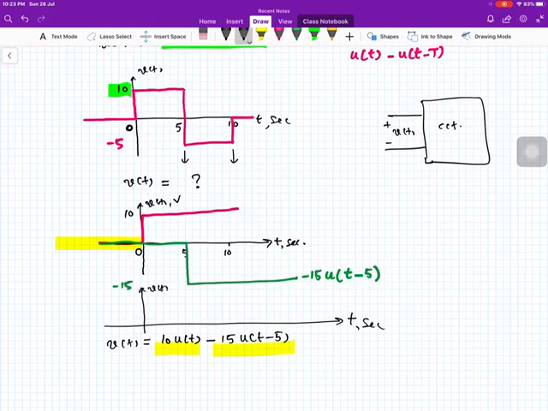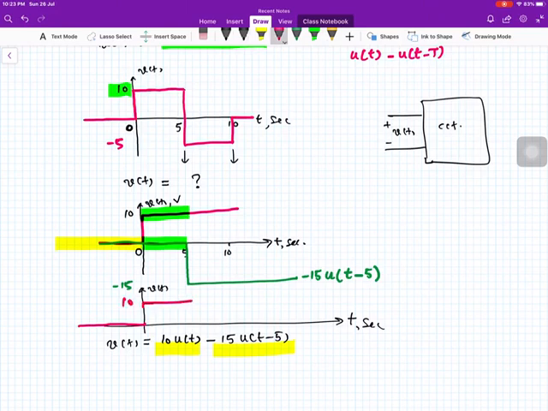From minus infinity to this origin, both are 0, therefore we have 0. Then from 0 to 5 seconds, this signal is 0 and this signal 10 ut is 10. So what is 10 ut minus 15 u(t minus 5)? This is equal to 10.